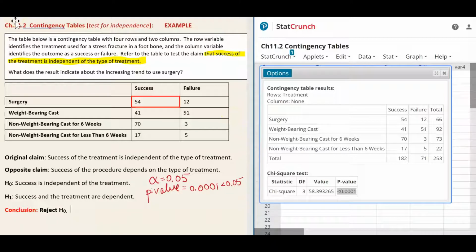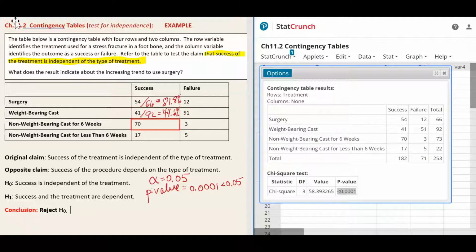The success rate in the surgery category is 54 divided by the total, 66, times 100 to convert it to percent, which is equal to 81.8%. Success in the weight-bearing cast category is 41 divided by 92, the total in the weight-bearing cast category, times 100 to convert it to percent, equal to 44.6%.